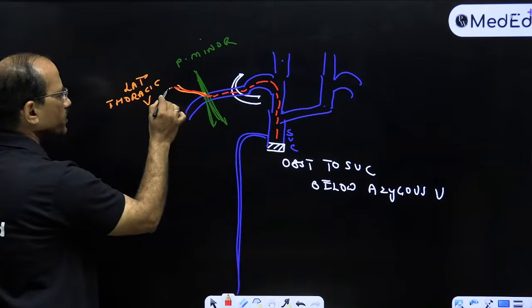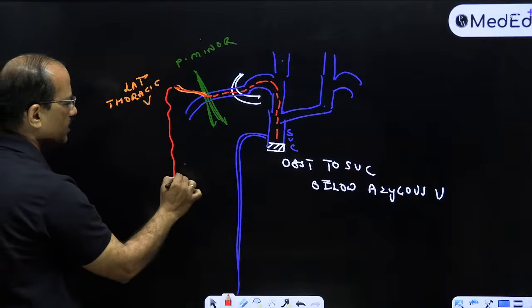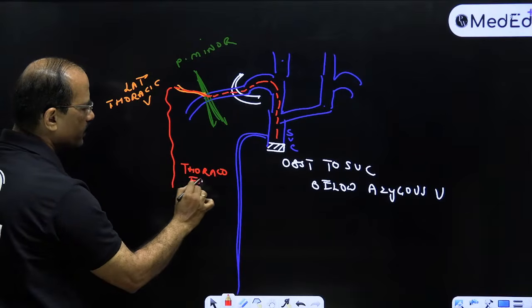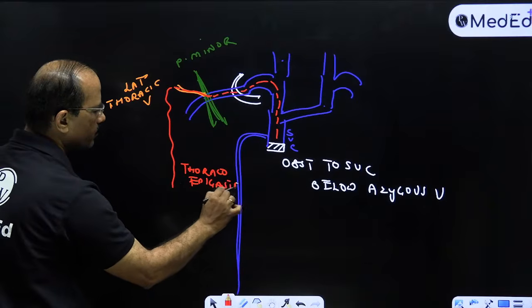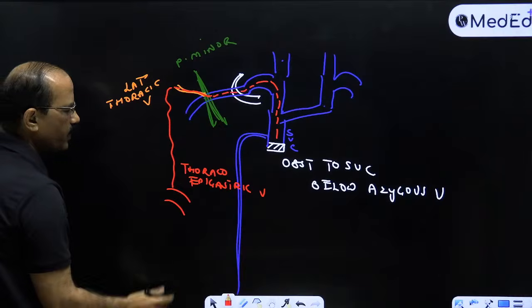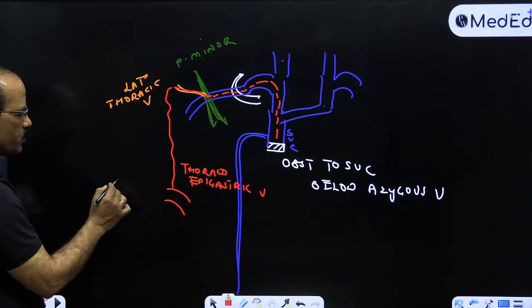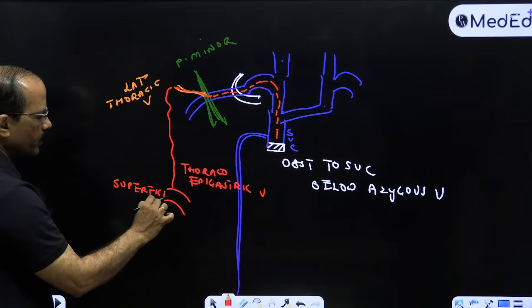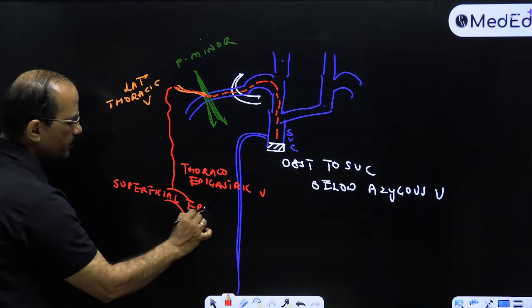ऐसे जाएगा. From the lateral thoracic vein, there's a vein जिसका नाम है thoraco-epigastric vein. Thoraco-epigastric vein will go into the superficial epigastric.